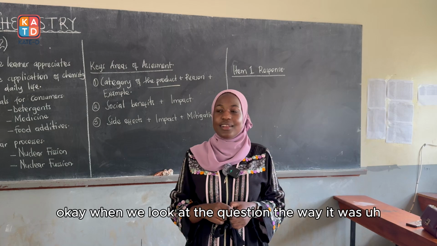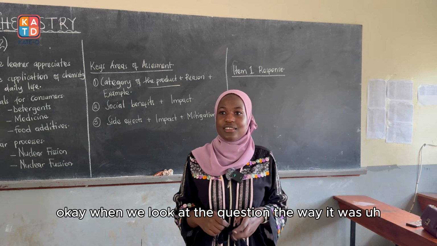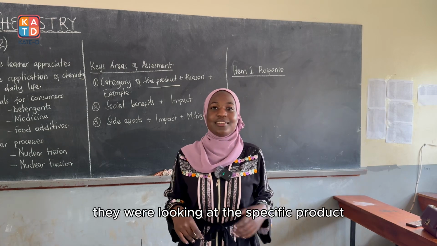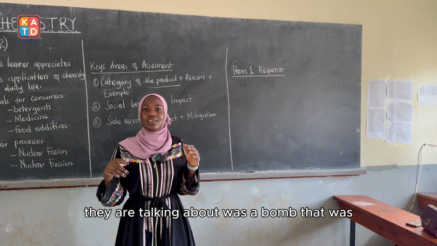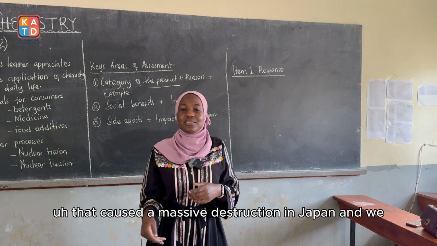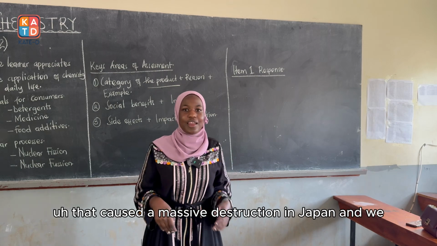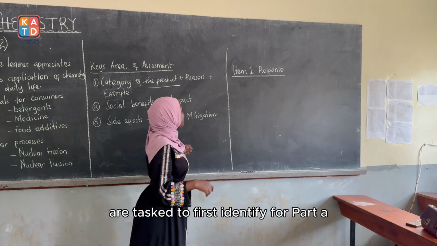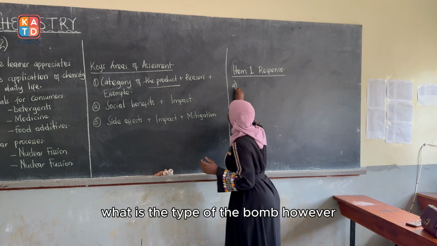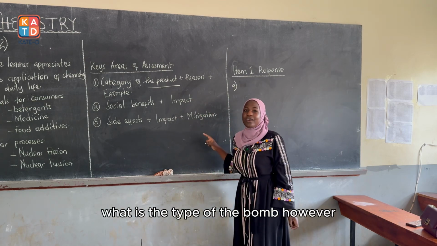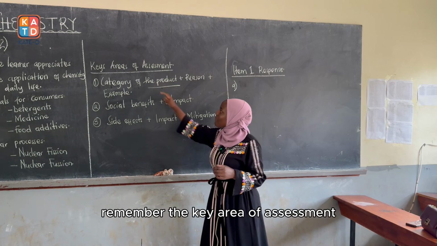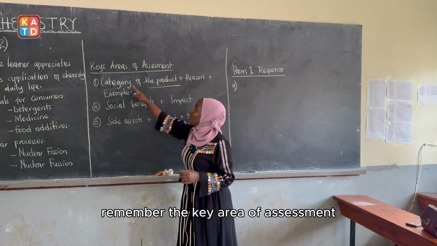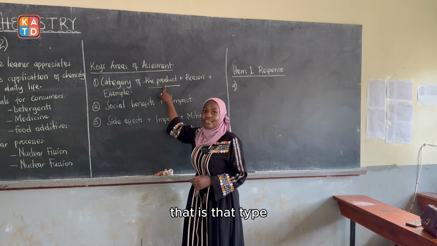Okay, when we look at the question, the way it was, the specific product they were talking about was a bomb that caused massive destruction in Japan. And we are tasked to first identify, for part A, what is the type of the bomb. However, we are not going to just say that type and leave it like that. Remember, the key area of assessment, you're supposed to give the category, that is the type.